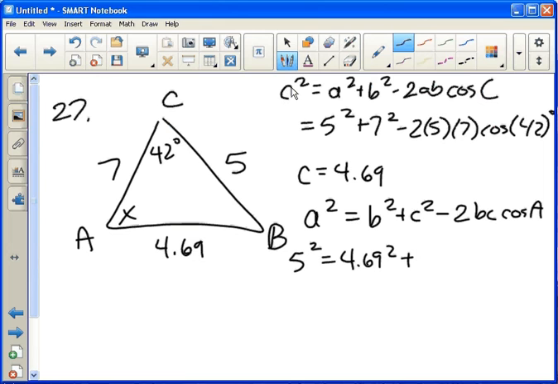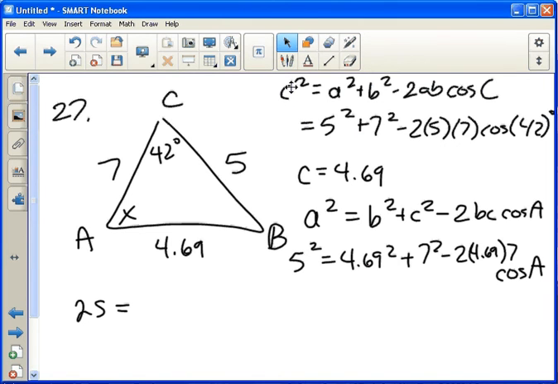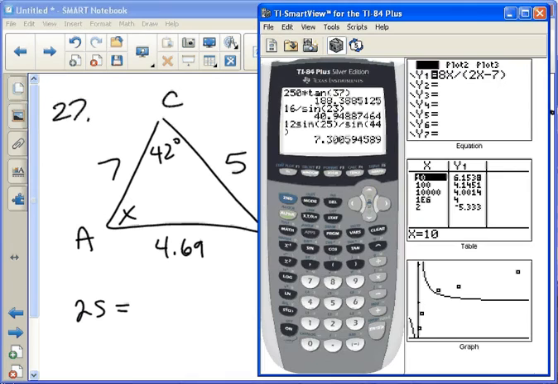So I'm going to get 25 equals, then I'm going to do 4.69 squared plus 7 squared, and I get 70, we'll just call it 71, minus 2 times 4.69 times 7.